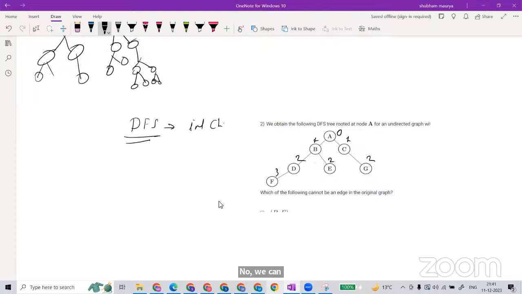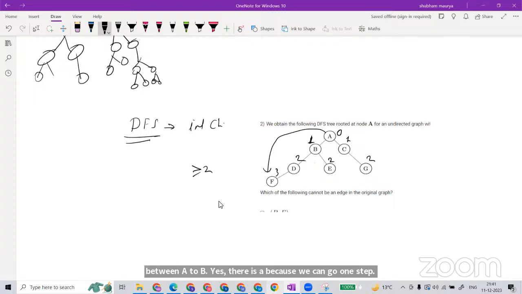If another edge is connected with F, like, see the simple thing is that if the level difference is greater or equal to 2, see the level difference between A and F. There is a level difference which is 3.